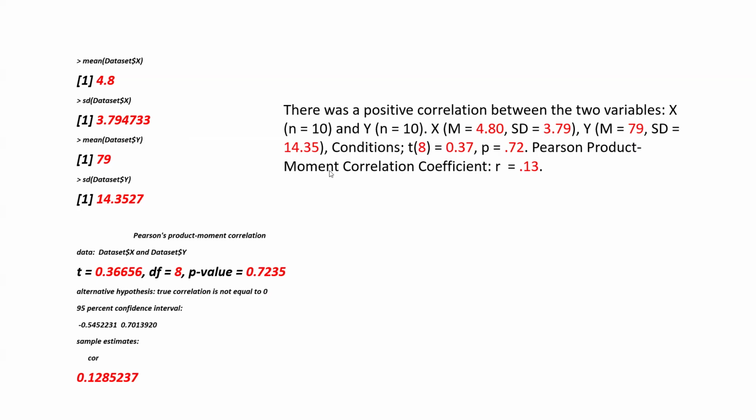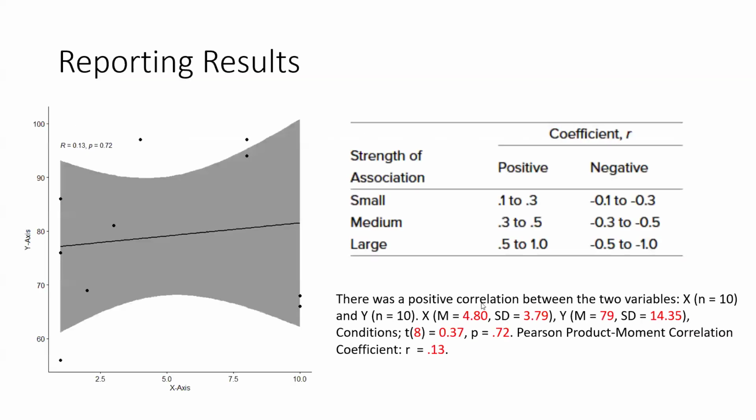And our Pearson product moment correlation coefficient is down here. We're going to go two significant figures. That's 0.13. So as you can see, there was a small positive correlation between the two variables. And when we take a look at the graphic that was created as a result of our code, we can see that small correlation illustrated.